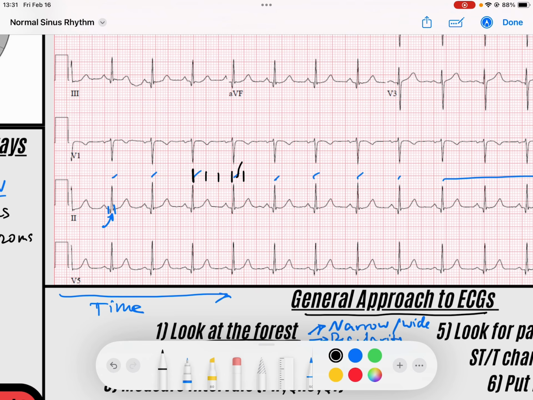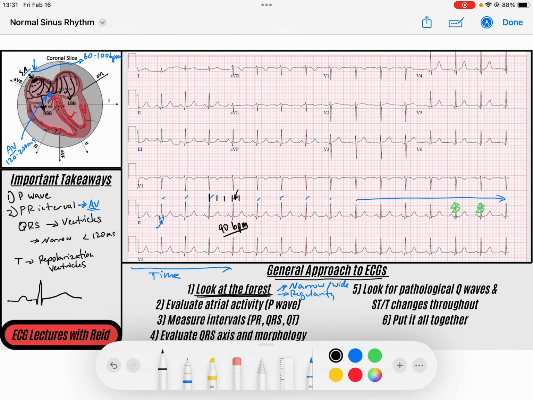So I know it's somewhere between 100 and 75, more closely to 100. So maybe I would say that this rate is at 90 or so beats per minute. What I know at the end of the day is that we're between that 60 and 100 beats per minute. And so now I have my rate as well.